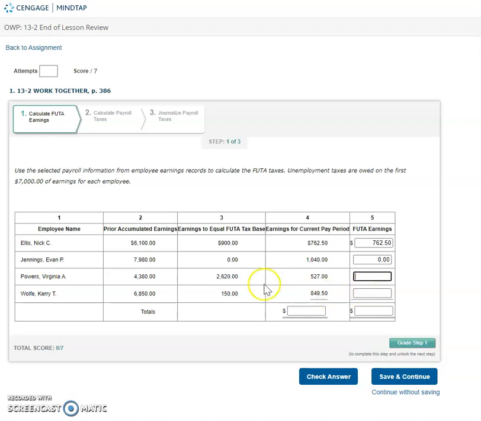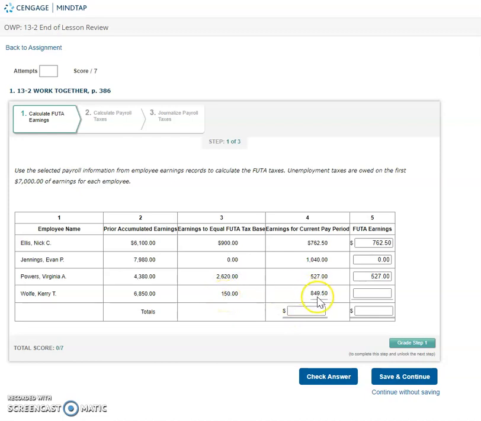Virginia, we are still going to tax $2,620 of Virginia's earnings. This pay period, she only earned $527, so we're going to tax all $527. And then when we look at Carrie, we're still going to tax $150 of Carrie's earnings.